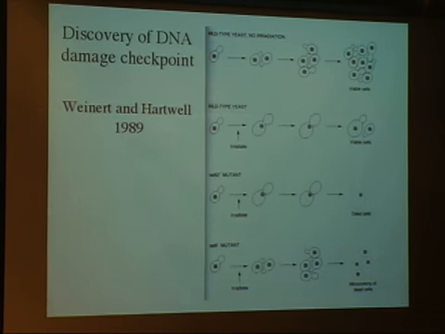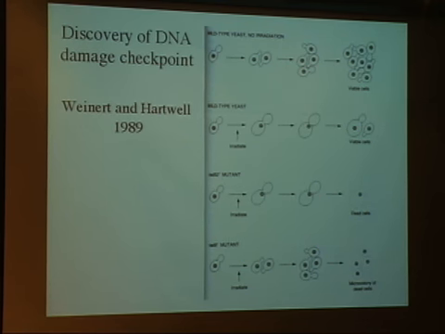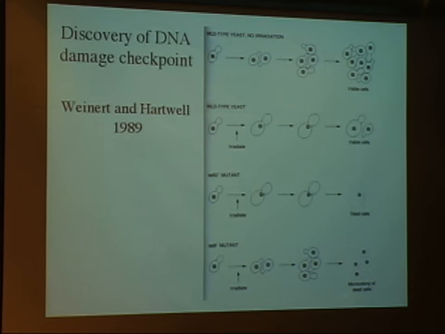Importantly, he found a different class of mutants also, and that's exemplified here by RAD9. In a RAD9 mutant, you could take cells, irradiate them, and the thing that they did is they kept dividing. Okay, so they had lost the ability to realize that there was damage present and to stop the cell cycle. This was also ultimately a lethal event because if you don't allow time for the repair systems to actually repair the lesions, and you just carry on through the cell cycle anyhow, eventually that's going to kill the cell just due to gross problems in chromosome distribution.